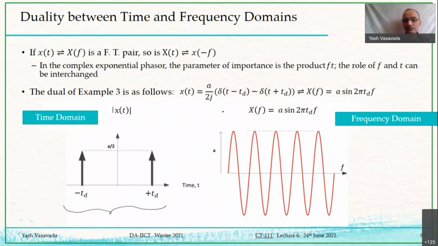So the Fourier transform of these two spikes in time domain ends up looking like a sinusoid in frequency domain. This sinusoid is a function of f now, not t anymore, because we are talking about frequency domain. How fast it will oscillate in frequency domain gets determined by t_d. So t_d is sort of controlling the rate of oscillations in the frequency domain.